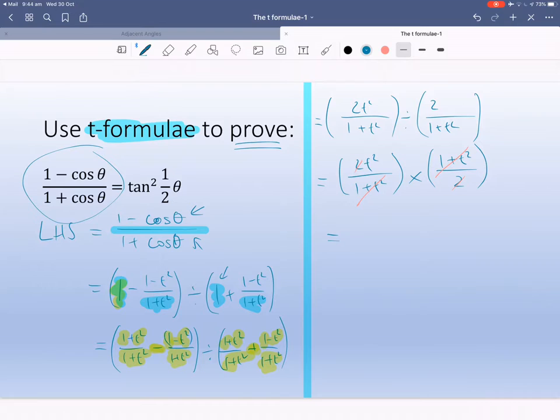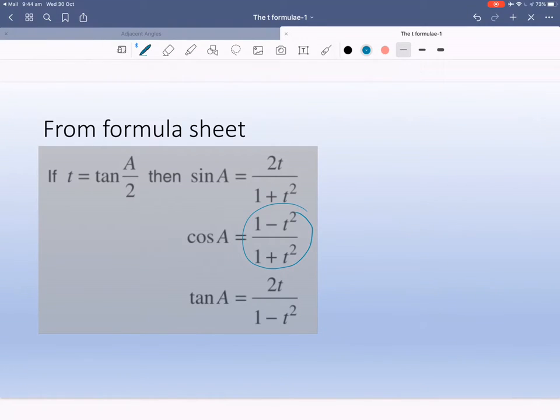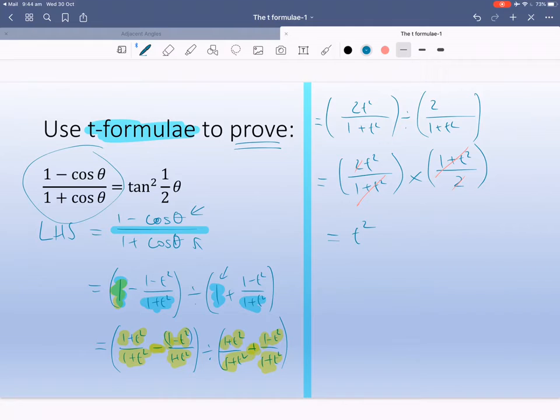And so all I'm left with is just t squared. But what is t? T is tan half theta. So that will equal tan squared half theta. And that is what we require, which equals right-hand side, which is this thing here, as required.